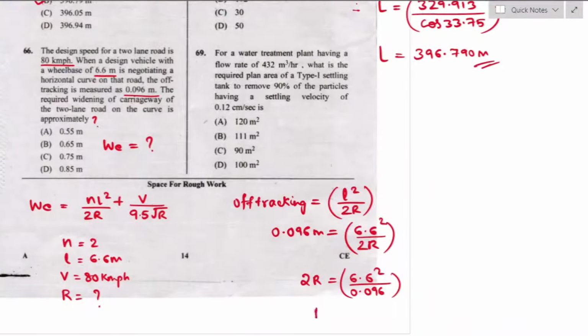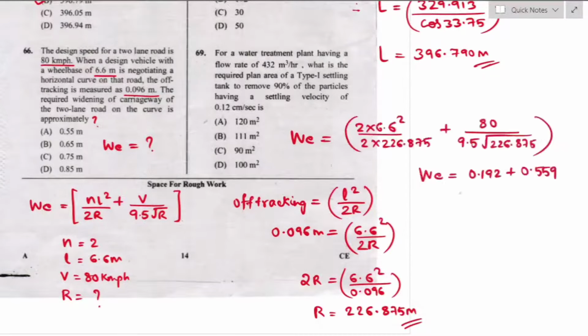On solving this, the radius of horizontal curve will be 226.875 meter. Now by substituting this value in the extra widening width formula, extra widening width will be 0.7510 meter. So option C is the right answer, 0.75 meter.